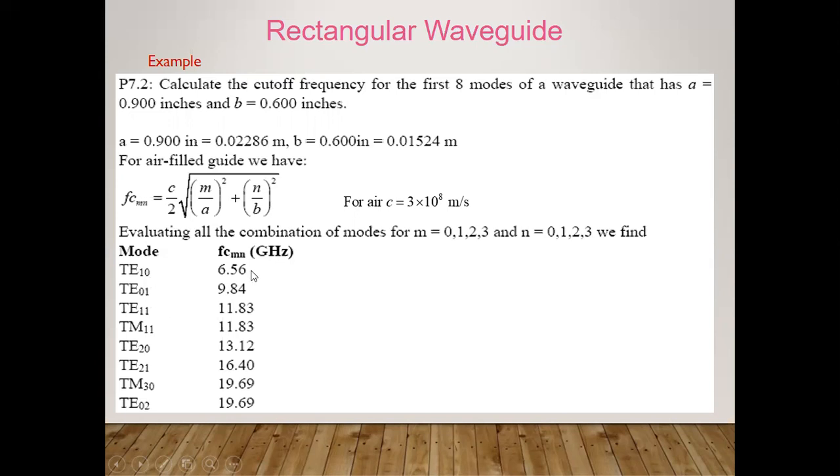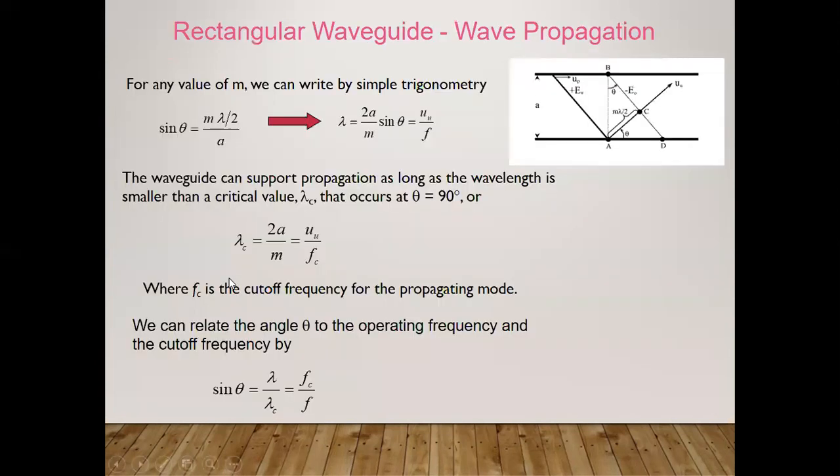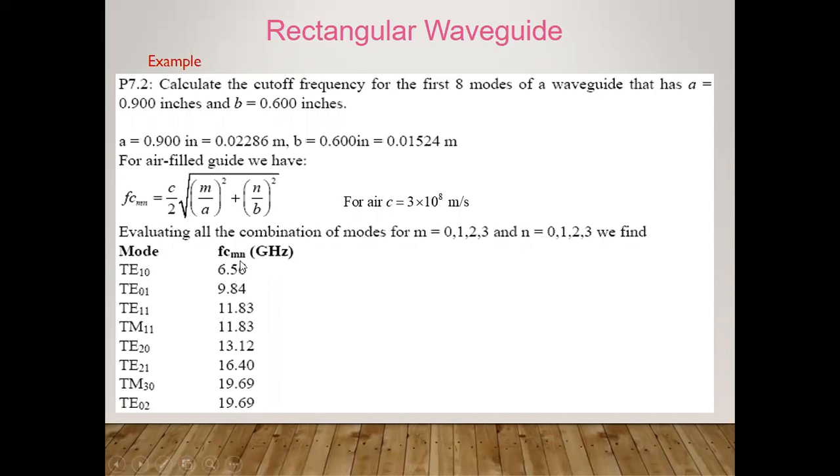So this is the cutoff frequency calculated with the help of the formula, in gigahertz. They mention the cutoff frequency in the MN form you have calculated. With the help of the formula, by substituting the values of M and N and the other things, you have calculated it, because A and B are also mentioned here clearly.